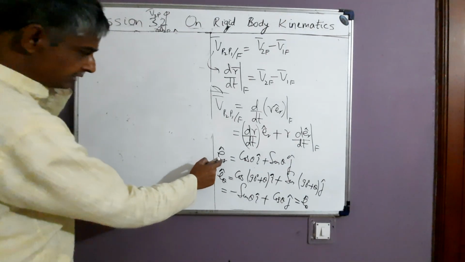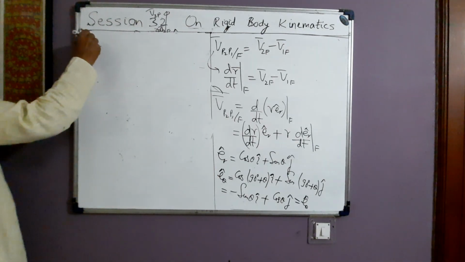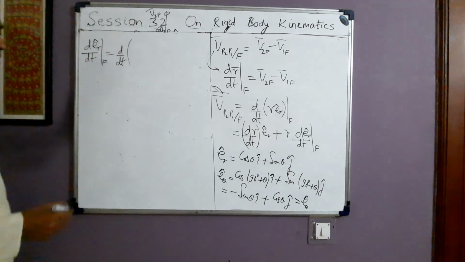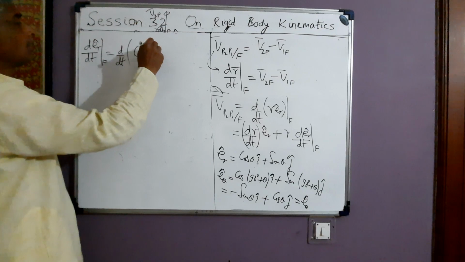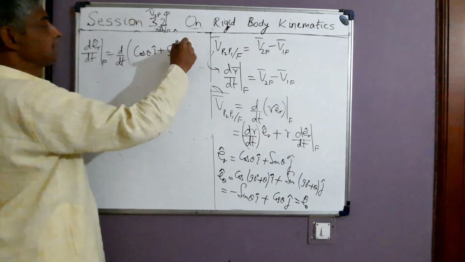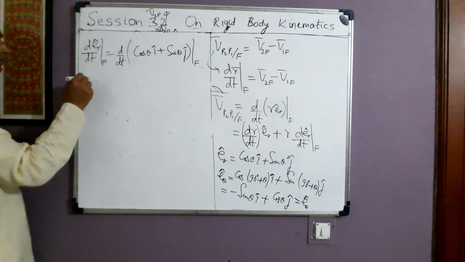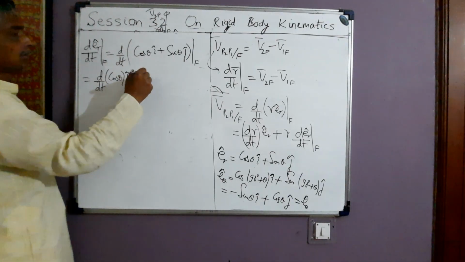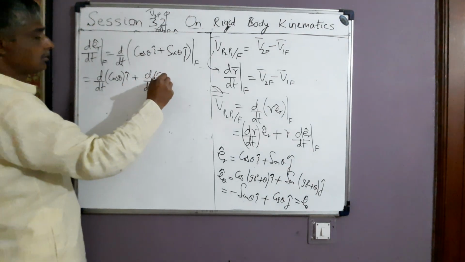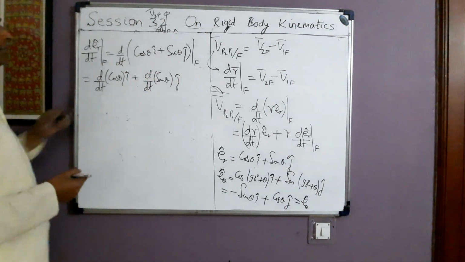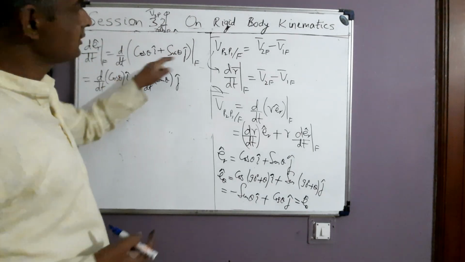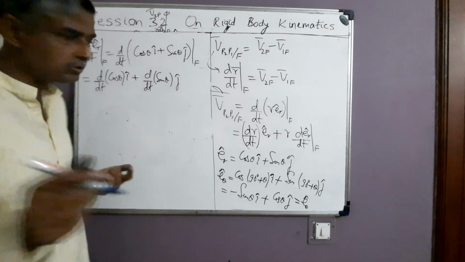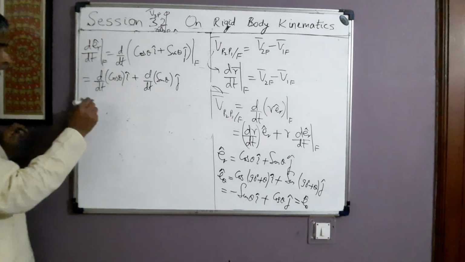So now what I do, I differentiate this in frame F. der by dt in frame F becomes how much? d by dt of cos theta I hat plus sin theta j hat in frame F. That becomes d by dt of cos theta I hat plus d by dt of sin theta into j hat. Now here di hat by dt becomes 0 in frame F, a constant vector. dj hat by dt in frame F also becomes 0, a constant vector. So that derivative becomes 0.